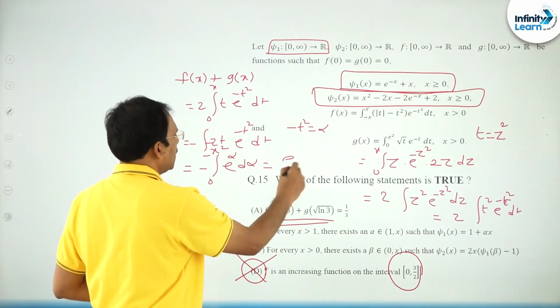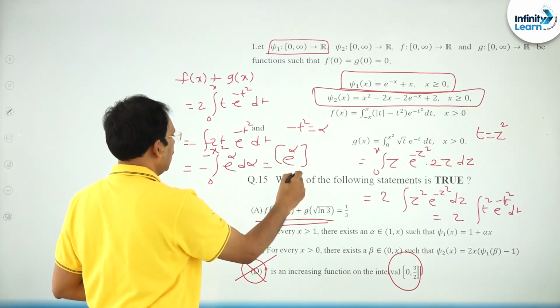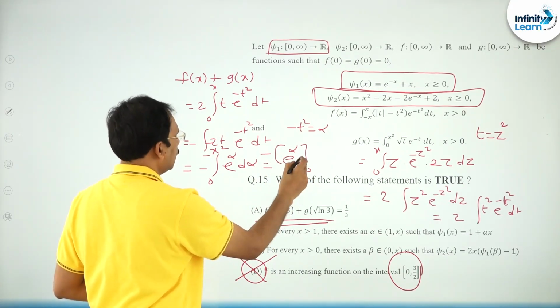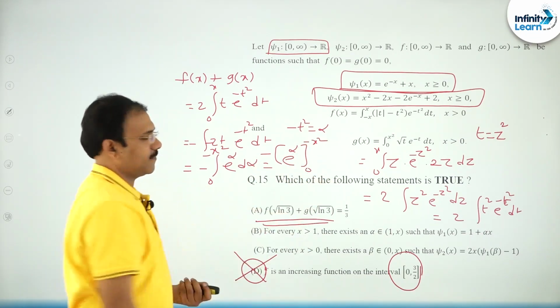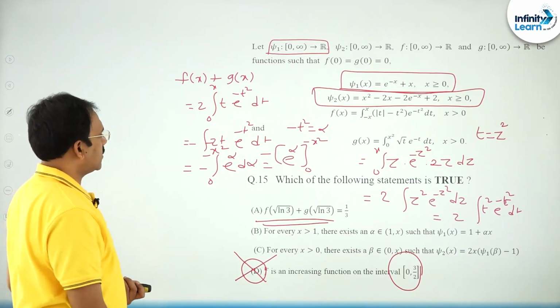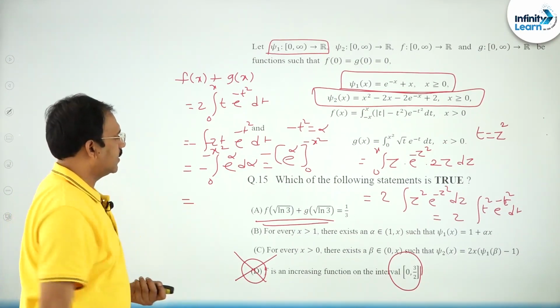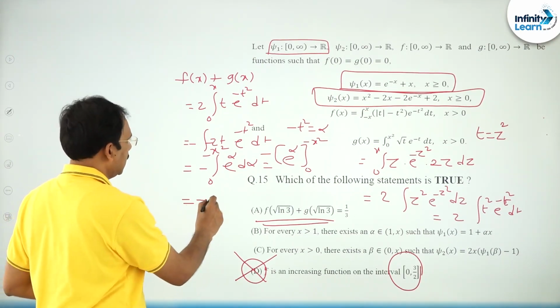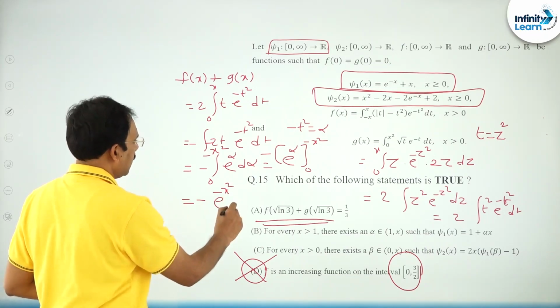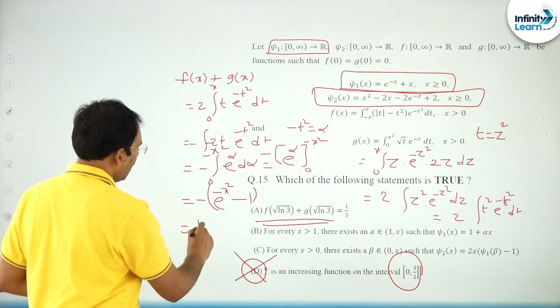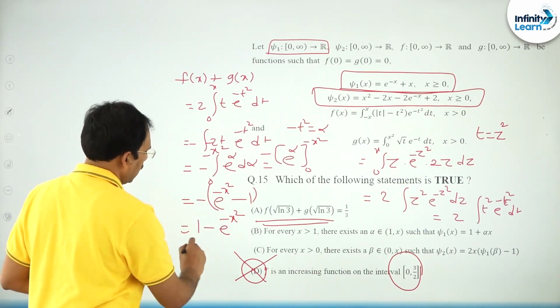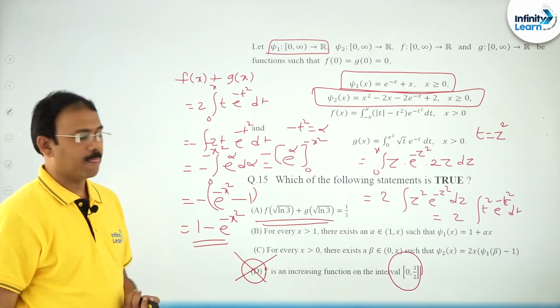So e power alpha integral e power alpha from 0 to minus x square. Yes. So friends, you are going to get here minus e power minus x square minus e power 0 is 1. So 1 minus e power minus x square you are going to get, my dear friends.